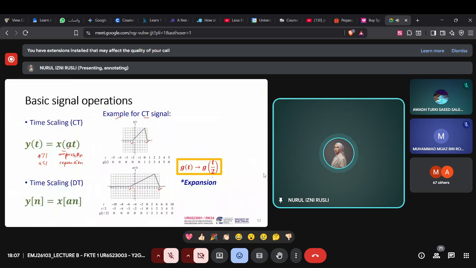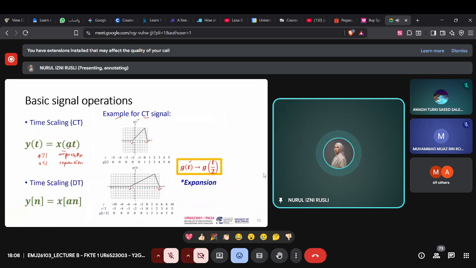In this case, you have a, this value, which is less than 1, which is 1 over 2. So you could also imagine, let's say this is your new g(t), your new function of t over 2. This is your original function, which is g(t). You have a triangular function whereby you have t of minus 1 and t of 5.